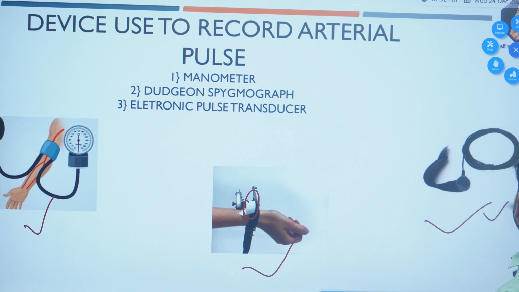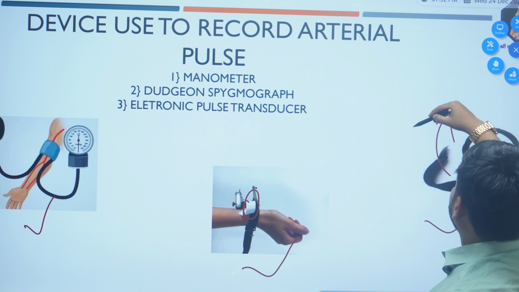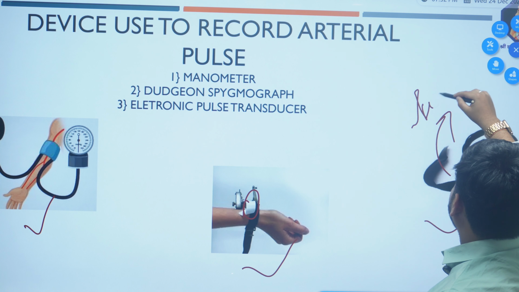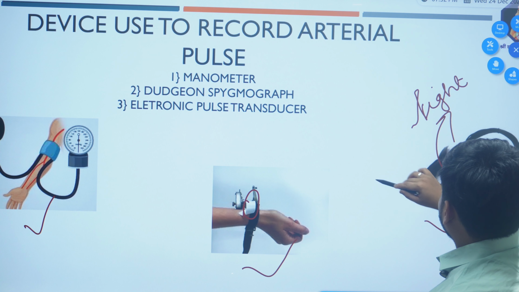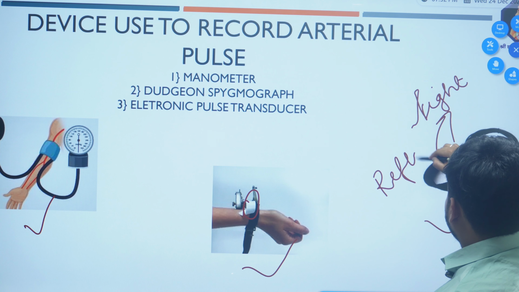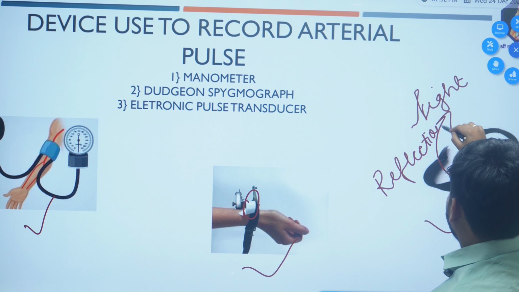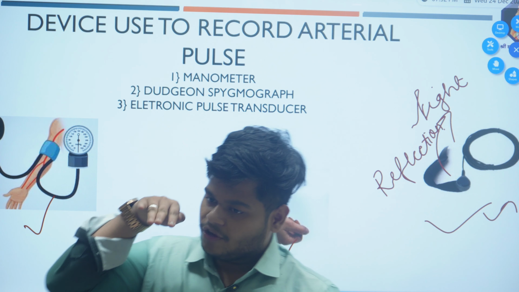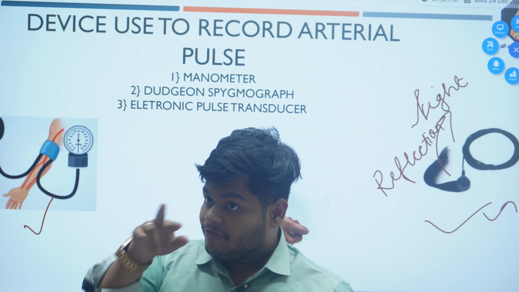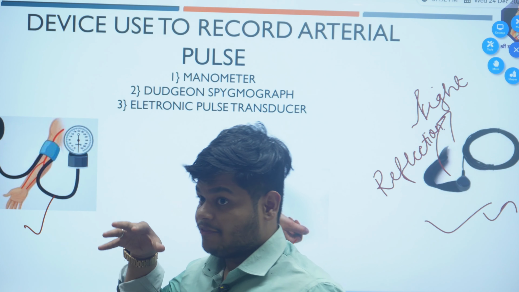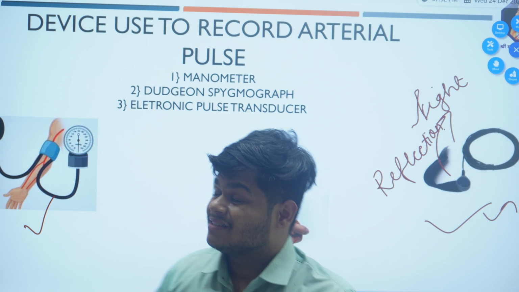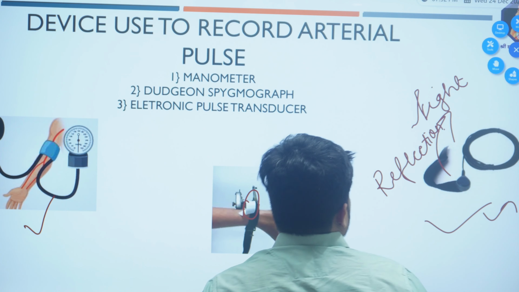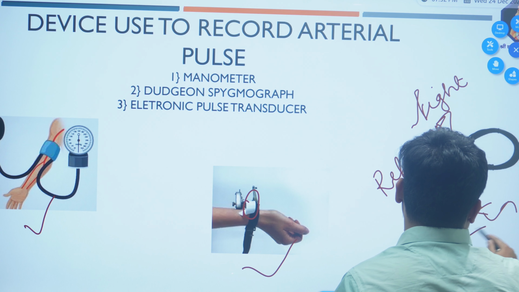And this transducer works on the principle of light reflection, right? Light is passed, and the pulse waves obstruct the light, and when the light is reflected, that is noted on paper. This is a very modern technique.